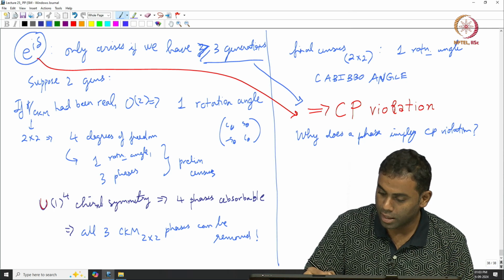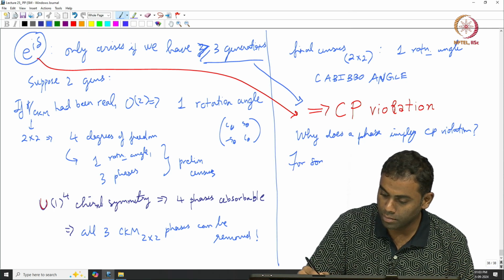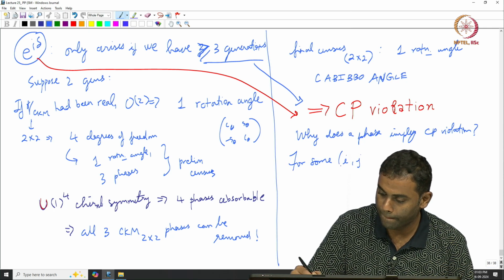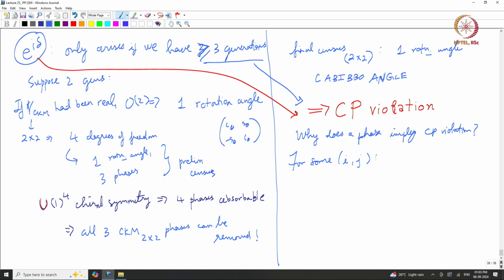So, I am going to write that for some combination of i and j, okay, in the mass basis, my Lagrangian would contain some Vij, okay, and I am going to pick out the Vij that contains particularly the phase.